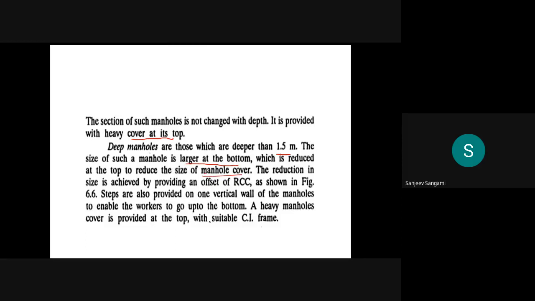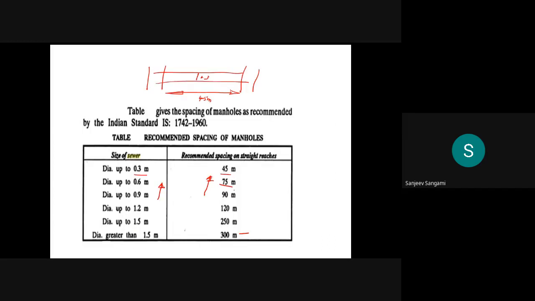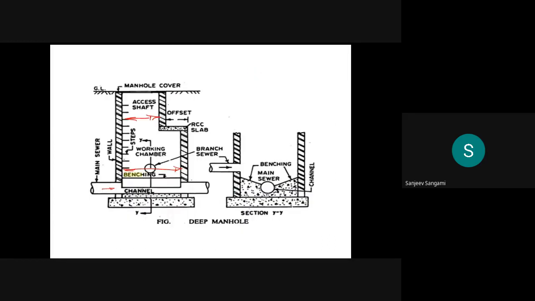The reduction in size is achieved by providing an offset of the RCC. That is the offset I showed in the diagram. This is nothing but the offset.